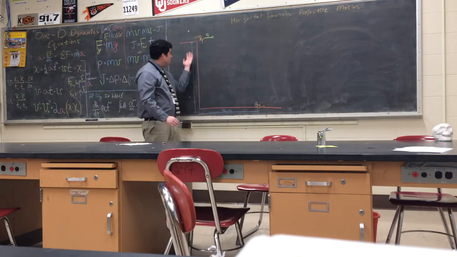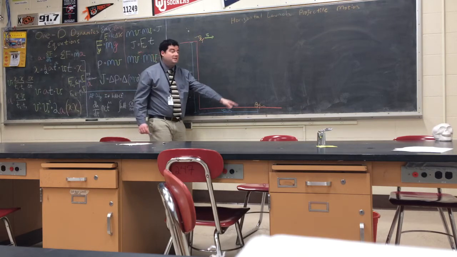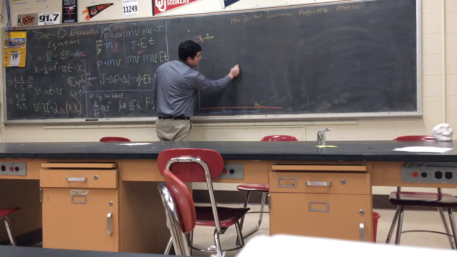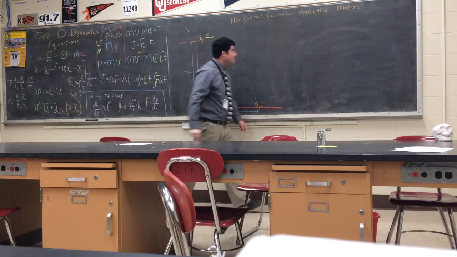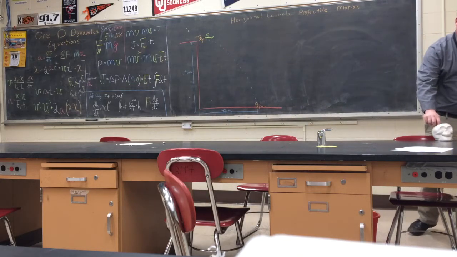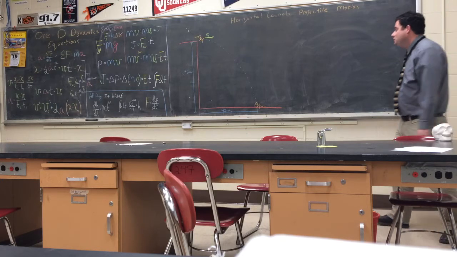So I've got my table or my cliff, I've got the doll at the beginning, I've got the doll at the end. And we know that the path that she's taking is parabolic. We also know that there's important information about where she started and where she finished.